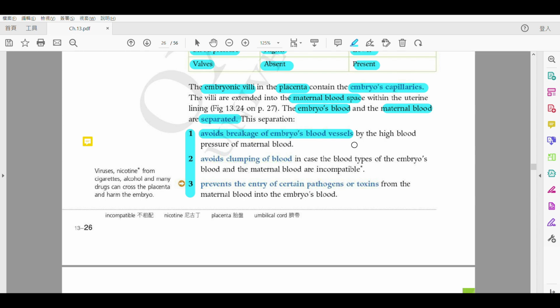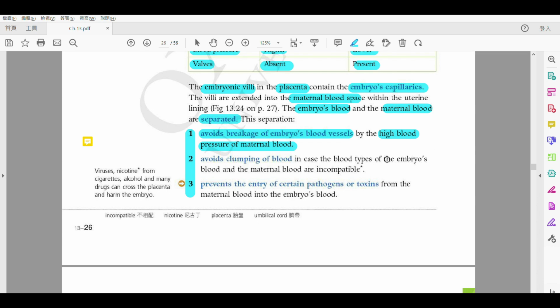If they shared the same blood, it would break the embryo's capillaries or blood vessels very easily. So separation prevents any breakage due to the high pressure. Remember, when you tell me the reason, you cannot just write 'avoid breakage of the embryo blood vessel'. You also need to tell me the reason: the high blood pressure of the maternal blood.